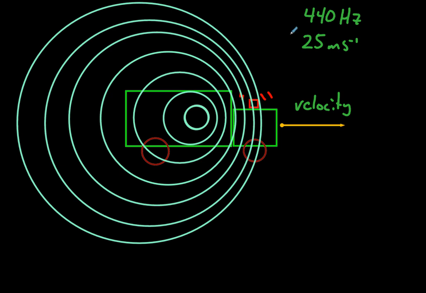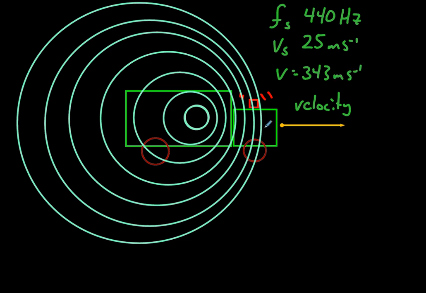And so we'll call this the velocity of the source. We'll call this the frequency, right? That's the frequency that the ambulance is putting out. The actual frequency. Let's call it Fs, frequency of the source. And then we need the velocity of sound in air. Let's call that V, and that is, I think we said, 343 meters per second.